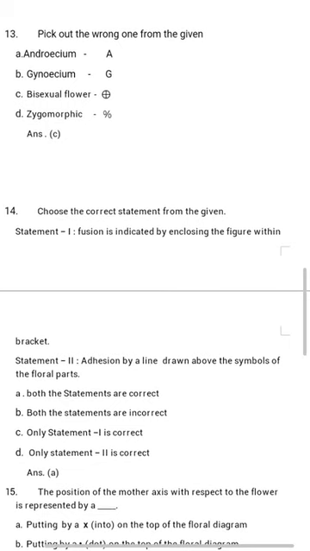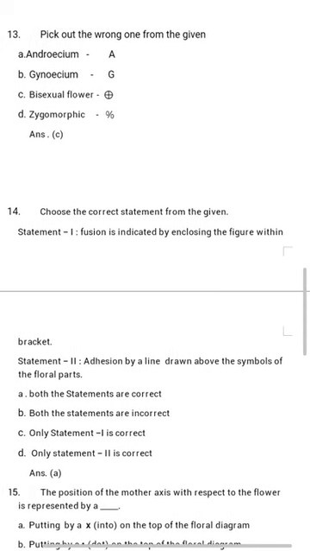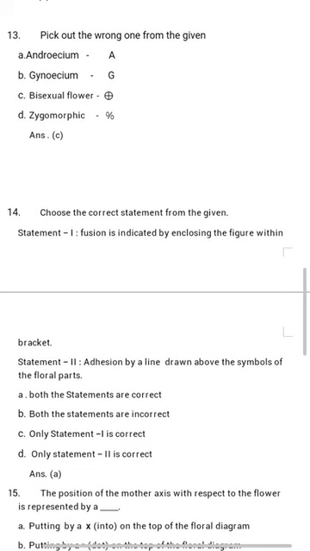Next, bisexual flower is not indicated with the plus and circle, that is just like a doctor's symbol icon. Bisexual flower is generally indicated with a top side arrow mark, bottom side plus, and centrally an O is present.